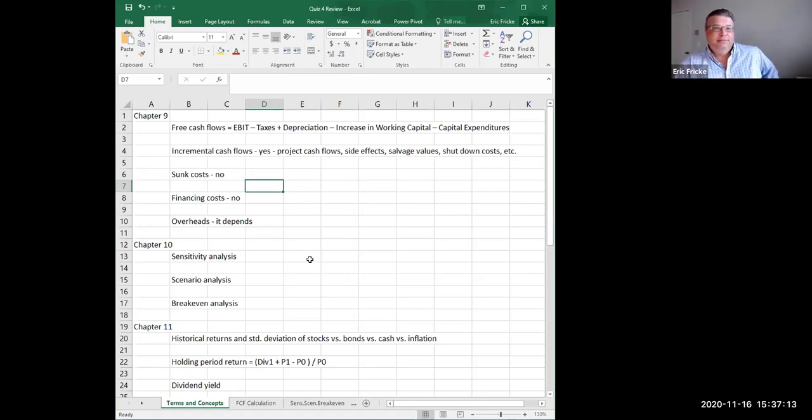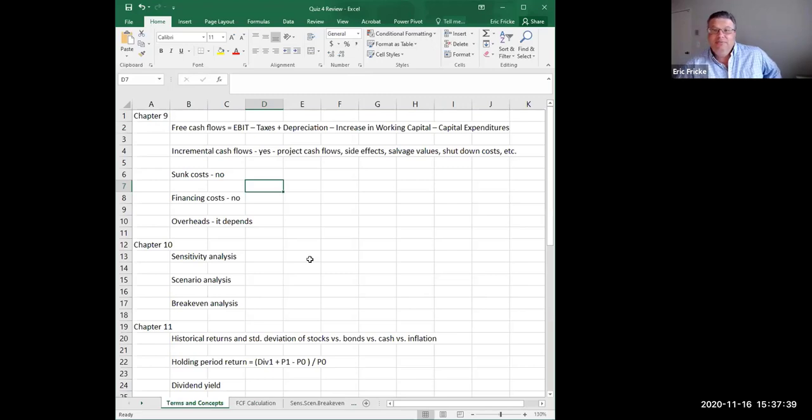All right, let's start off with some of the material from chapter 9. So chapter 9 basically looked at figuring out which cash flows, which costs, which revenues, which different types of items have to go into calculating cash flows for these NPV analyses that we do.